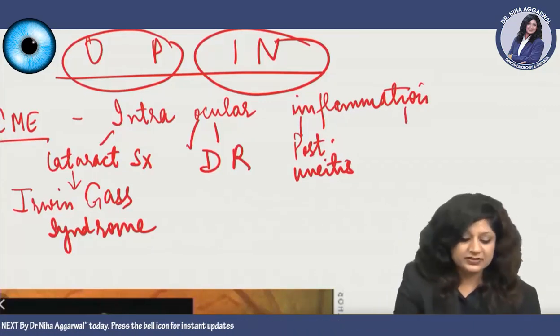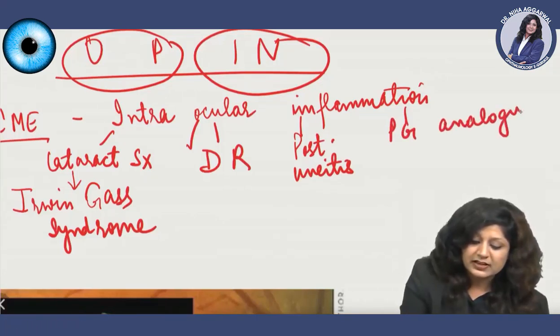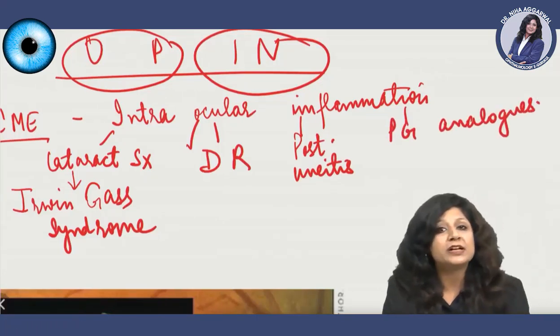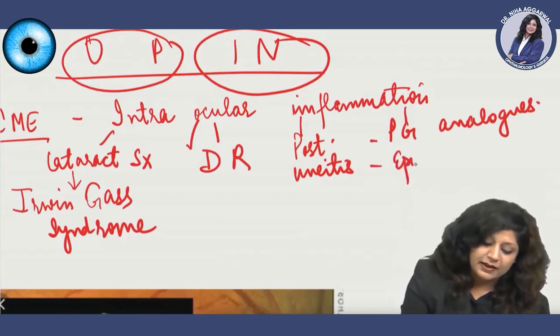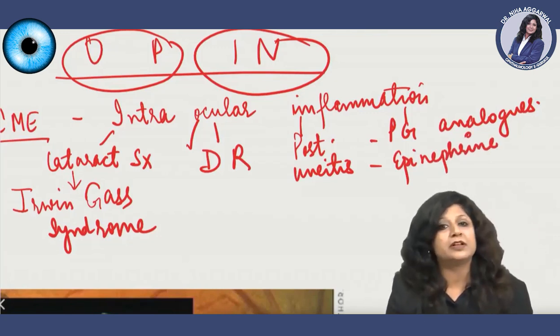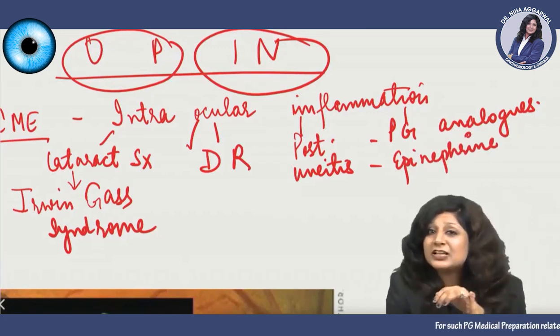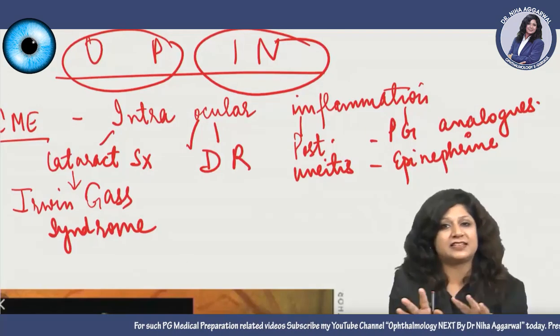Then certain drugs, it can be prostaglandin analogs. Prostaglandin analogs are very notorious for causing cystoid macular edema. Then we can have epinephrine. Again, epinephrine can also cause cystoid macular edema. So can you see the etiology is entirely different in CSR and in CME.